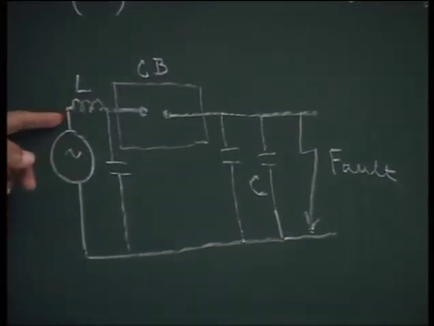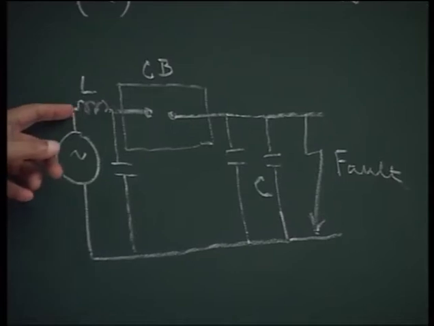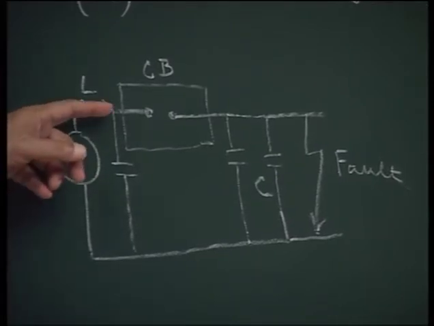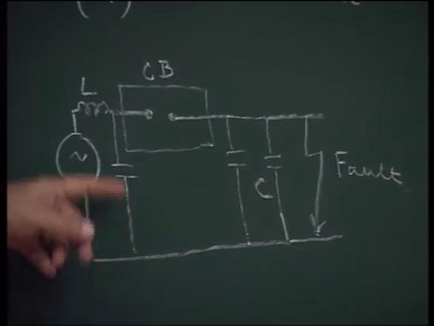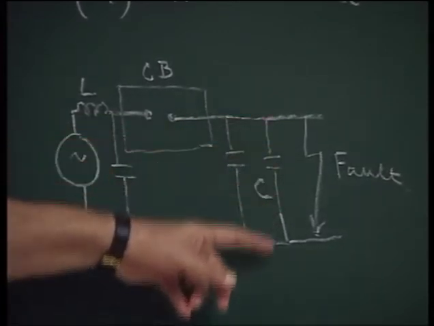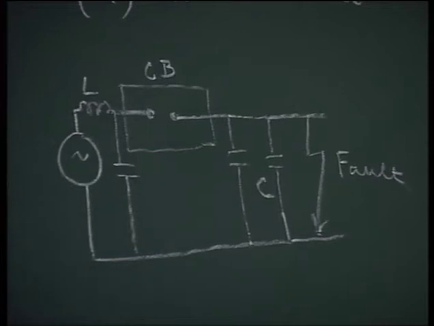L is the inductance in the circuit, and resistance is very small in the circuit compared to inductance. This is a stray capacitance, and these are again stray capacitances up to the fault point.